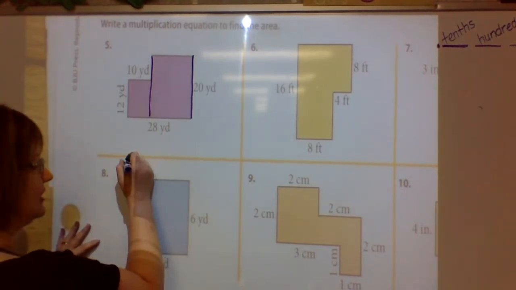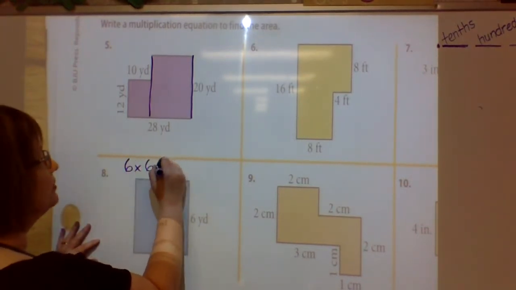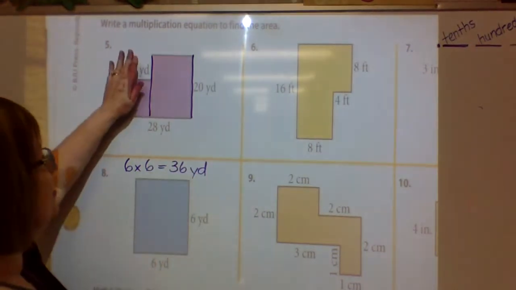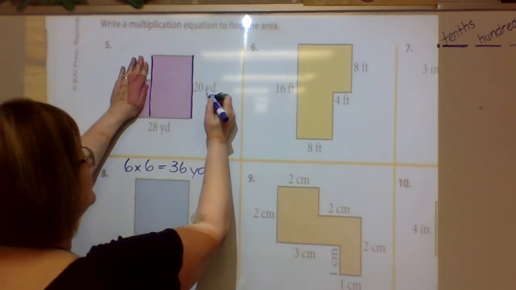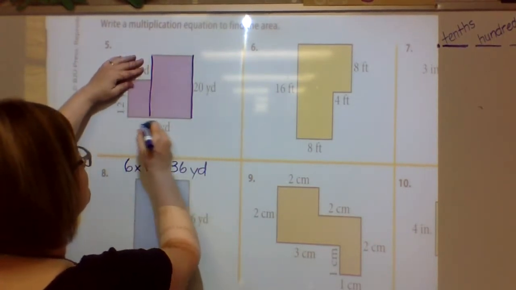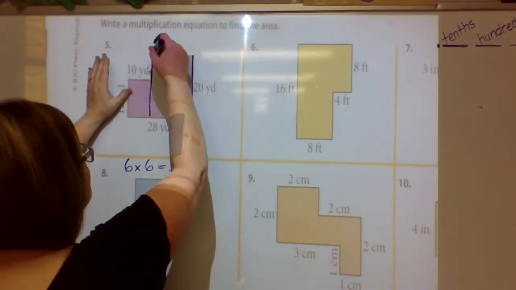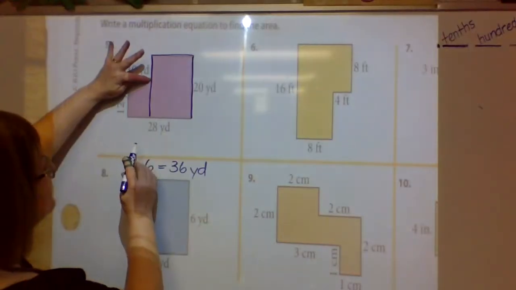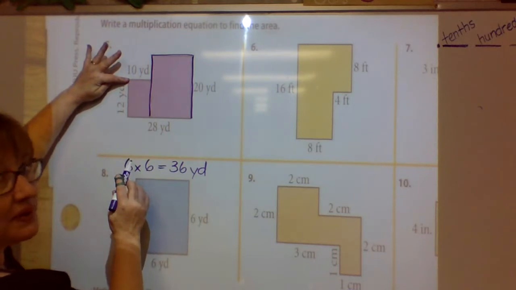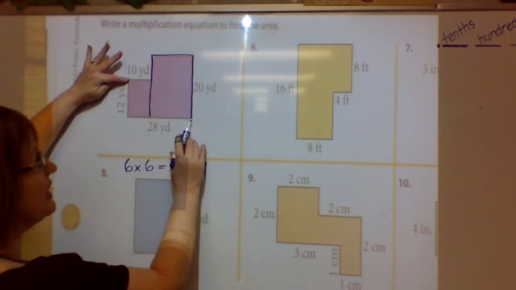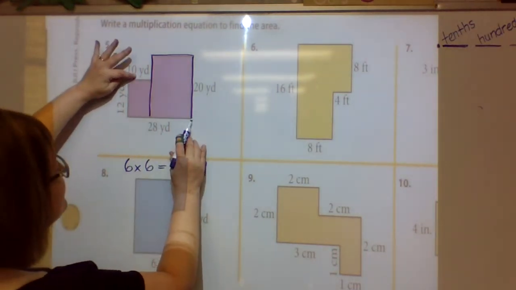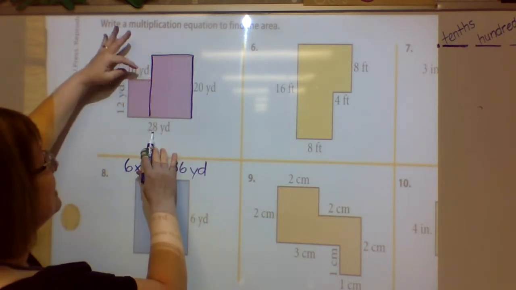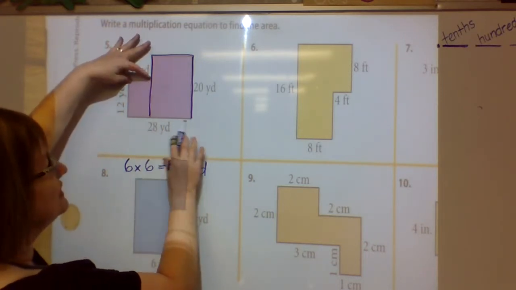This one is 6 times 6, which equals 36 yards, right? Okay, if we do just this one, we have to do 20 times this measurement, and they don't give us this measurement, but they do give us this measurement. Okay, so this line is 28, this line stops right here and it's 10. So if we take 28 minus this, it'll give us that.